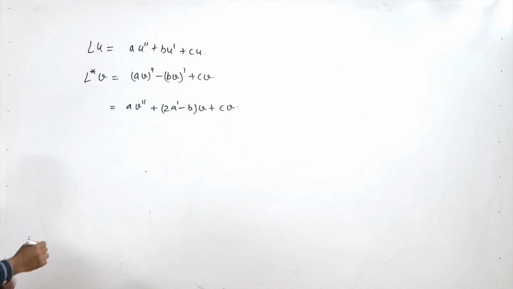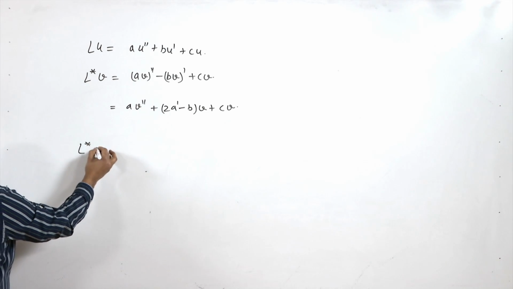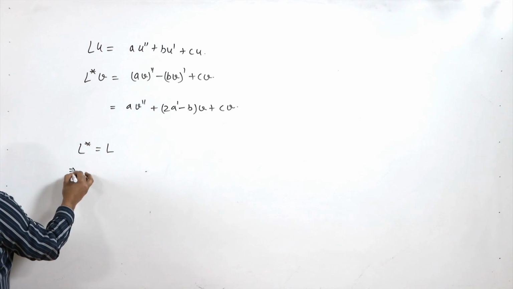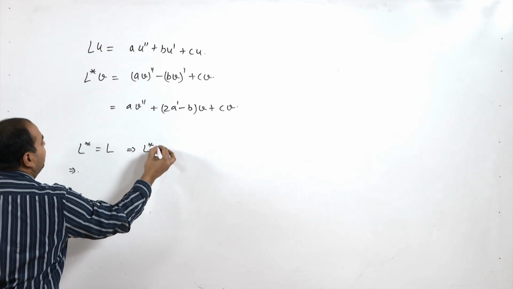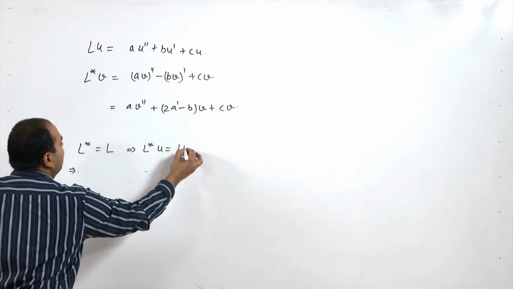Now if L star is the same as L, this implies that L star operating on u is the same as L of u.